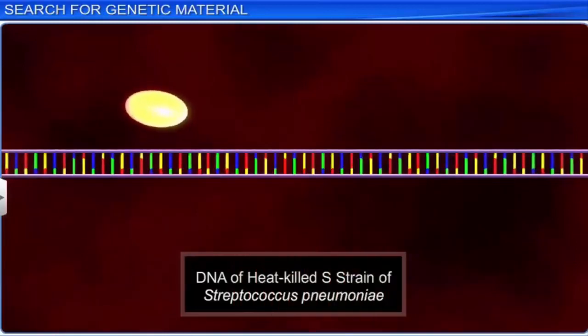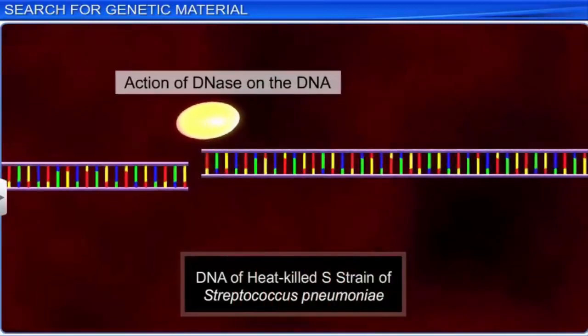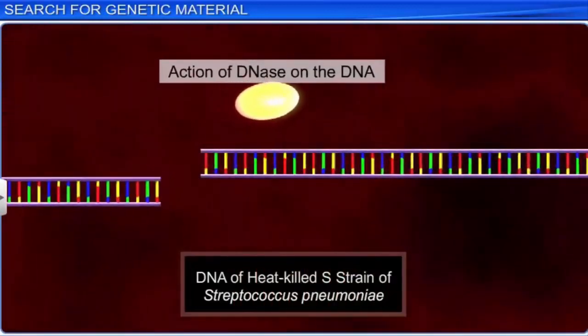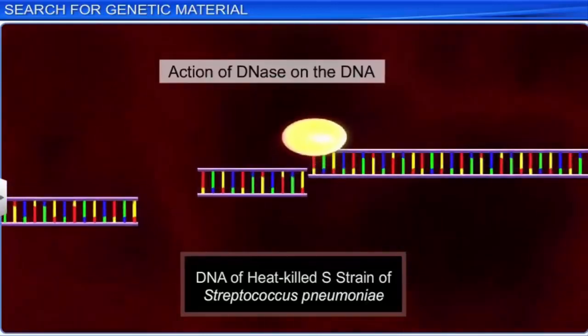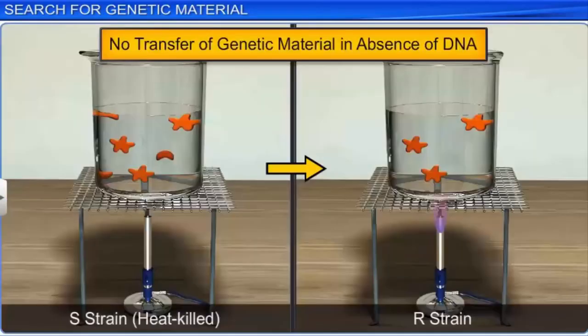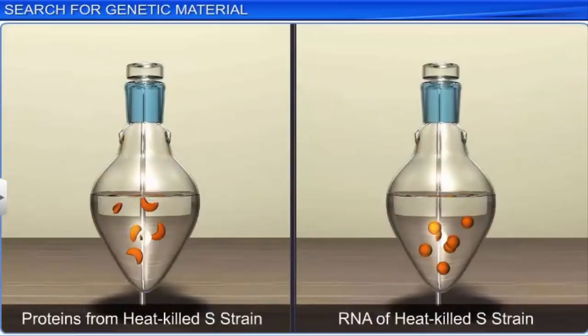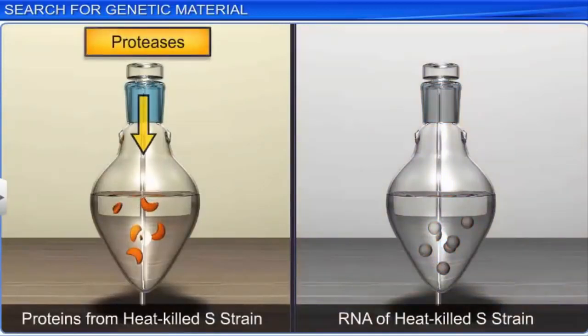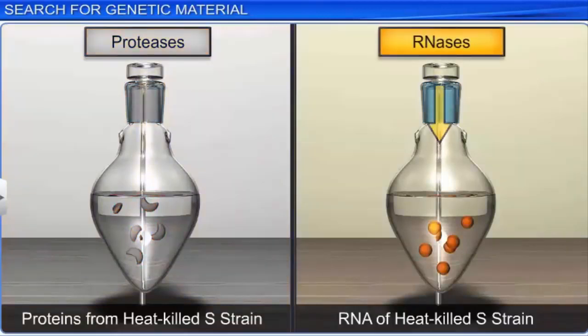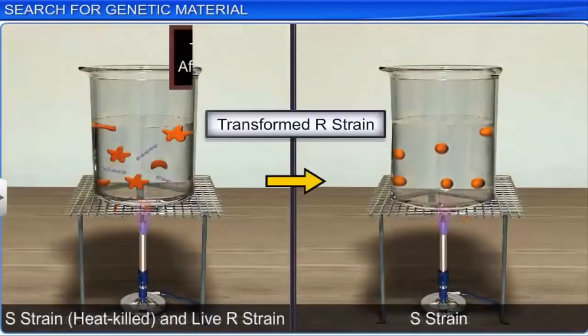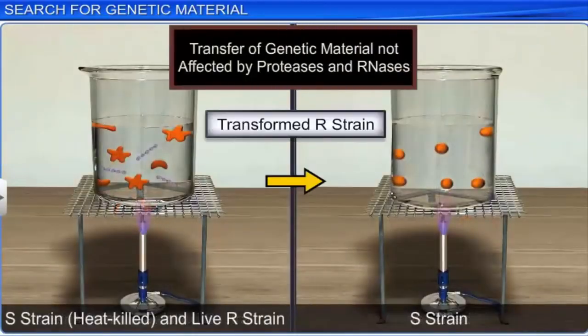They also found that digestion of the DNA of heat-killed S strain with DNase inhibited transformation. Further, the scientists also discovered that addition of proteases or protein-digesting enzymes and RNases or RNA-digesting enzymes did not affect the transformation.